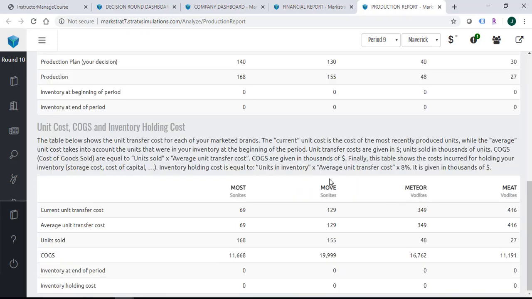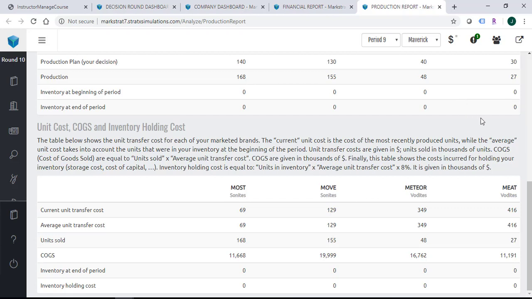The next table shows you the unit cost, cost of goods sold, and inventory holding cost. Unit transfer costs are given in US dollars, units sold in thousands of units. Cost of goods sold is equal to units sold times average unit transfer cost, so cost of goods is given in thousands of dollars.